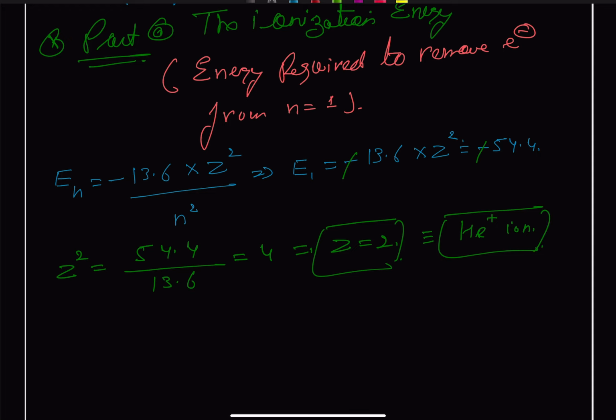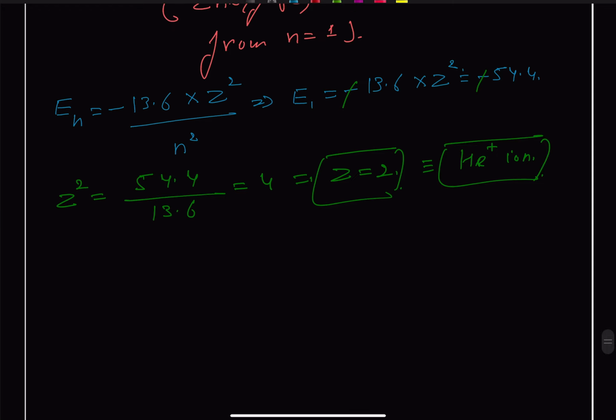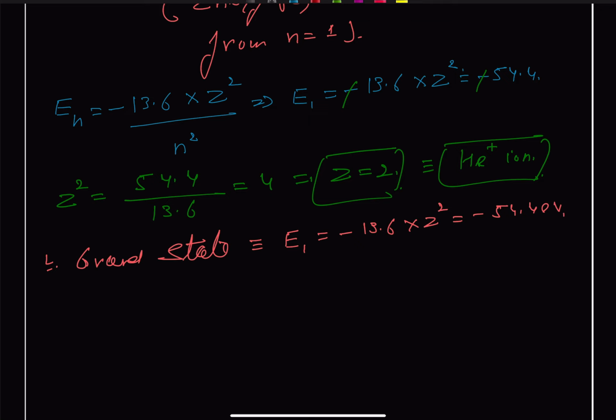And the ground state is our E1. E1 is equal to minus 13.6 into Z square, which will be obviously minus 54.4 electron volt.